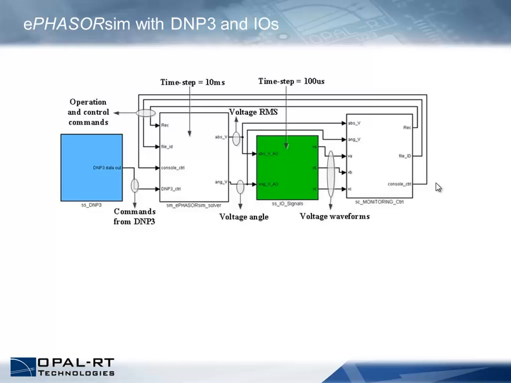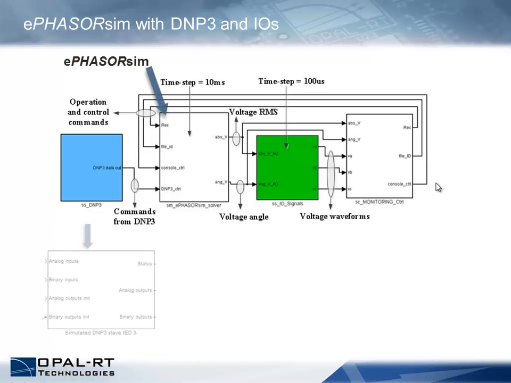Some of the applications that we have done already with ePHASORsim, this is one we did for a client where inside this block here, we have the ePHASORsim simulation block. In this block over here, we have some DNP3 blocks, so that you can receive data over the network.